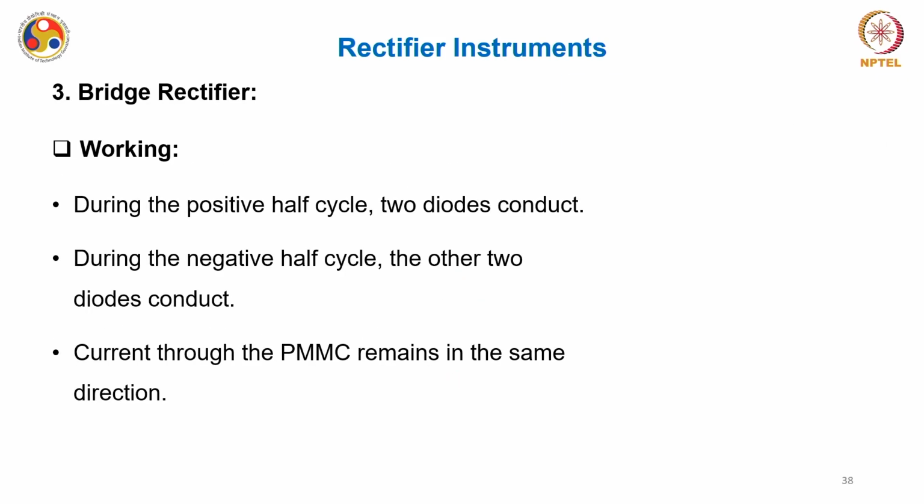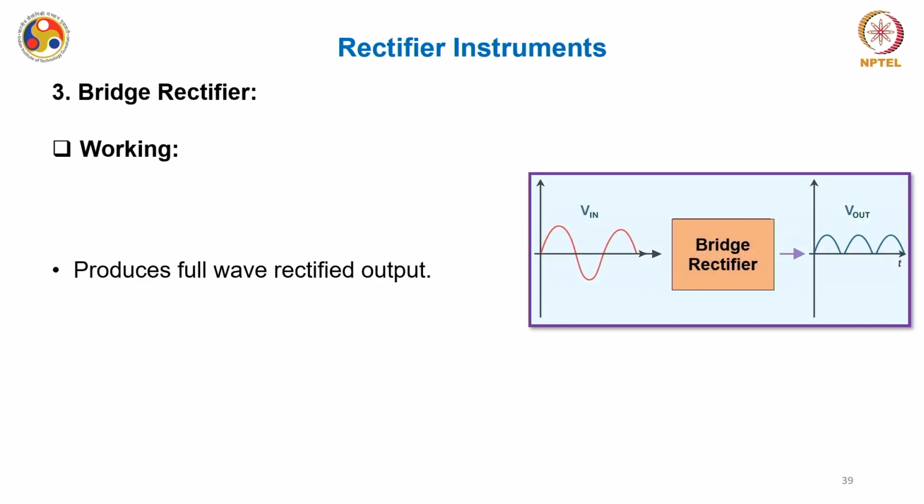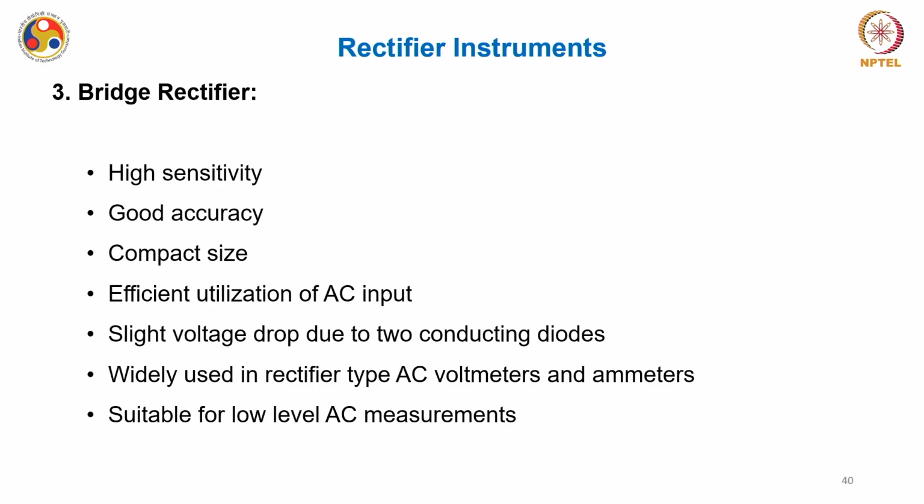Therefore, the current through the PMMC remains in the same direction as we have already seen, and it produces full wave rectified output. The advantage of this bridge rectifier is that it has very good sensitivity and accuracy. The size can be compact because you are not using any transformer here, and it is a very efficient converter of AC to DC, because you are not wasting the half cycle.